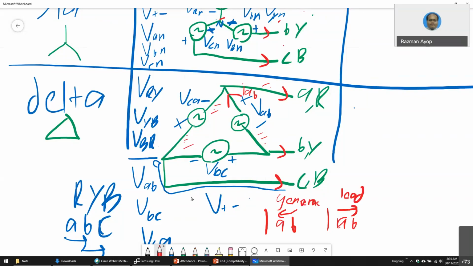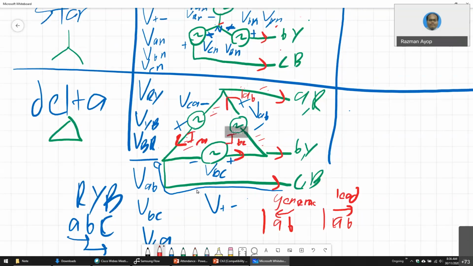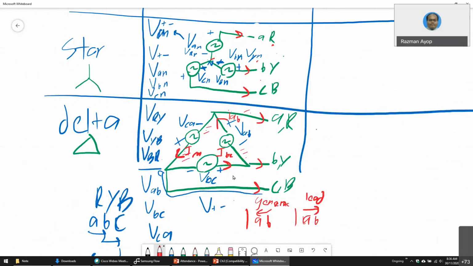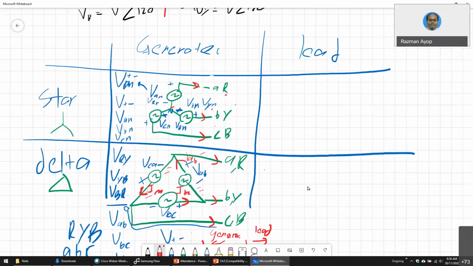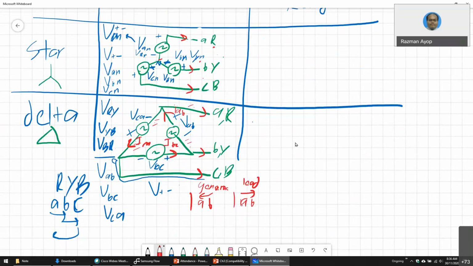Make sure you differentiate this. For this case, this one and this one always go out of positive. This one is IBC. This one is ICA. That is how to draw a generator, star and delta.